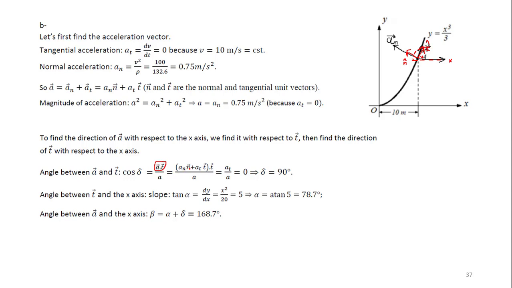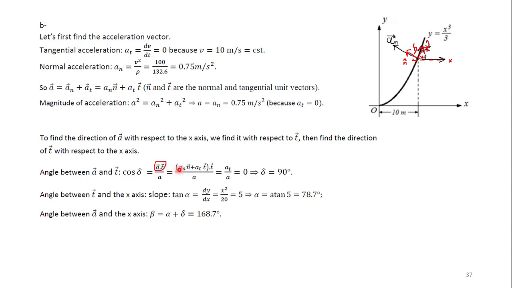Let's call delta the angle between an and tau. So this is delta. The angle here is delta. Then we can write that cosine delta is equal to the scalar product between a and tau over the magnitude of a. Okay, let's find the scalar product between a and tau.